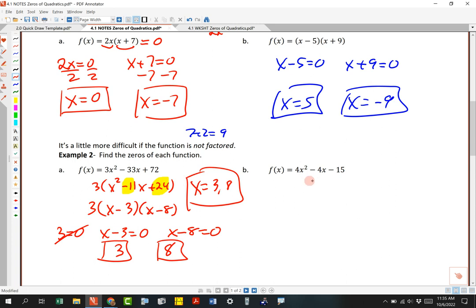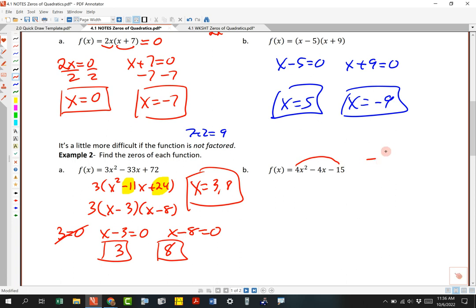Okay. Abby, any common factors on this one? Any common factors? Nope. What are we stuck doing? Yep. Multiply the first and last: coefficient on the squared term, constant on the end, negative 60.